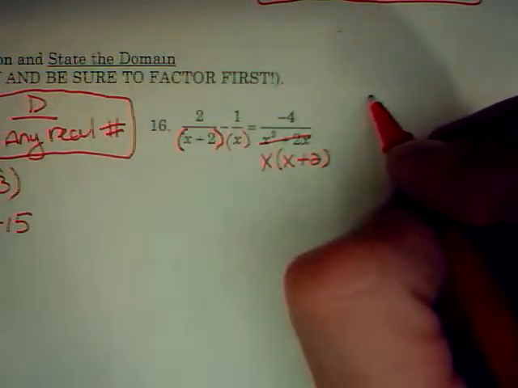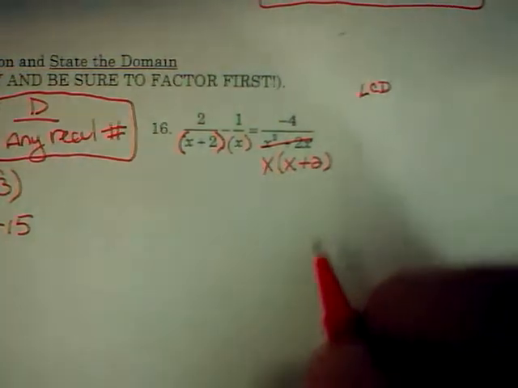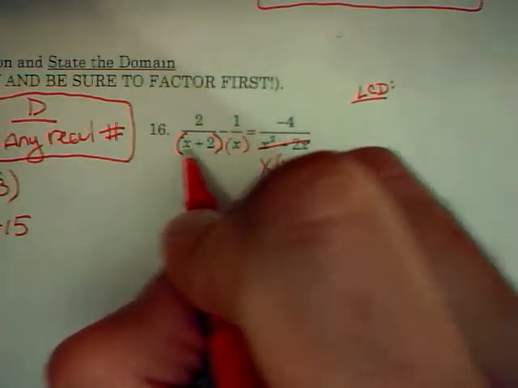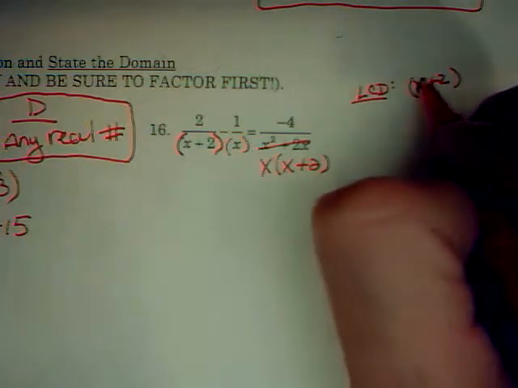So now we'd like to multiply through by our least common denominator. So I'm going to find my LCD here, least common denominator. In this particular case, the least common denominator is going to need a factor of x plus 2. It's going to need a factor of x.